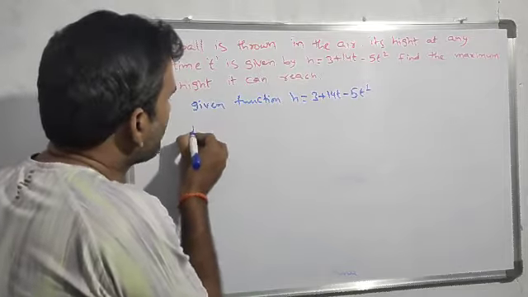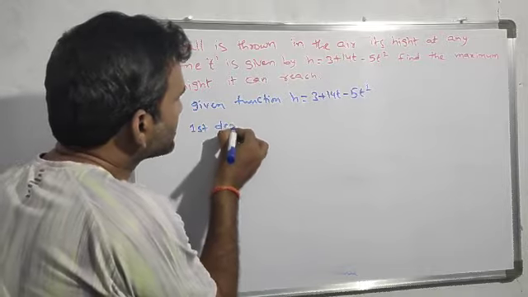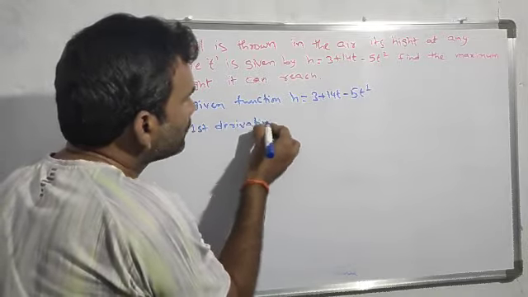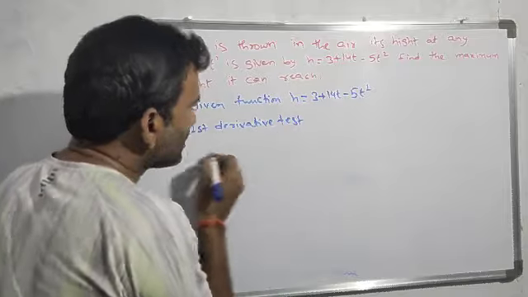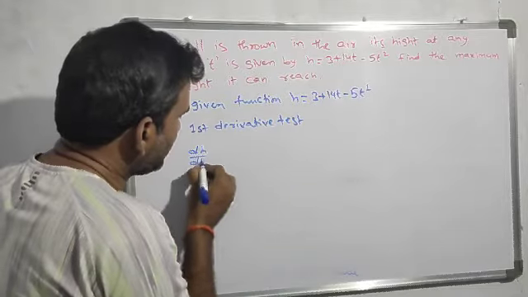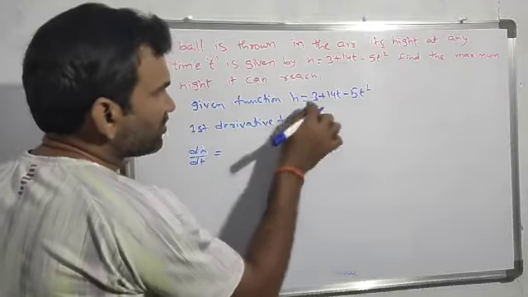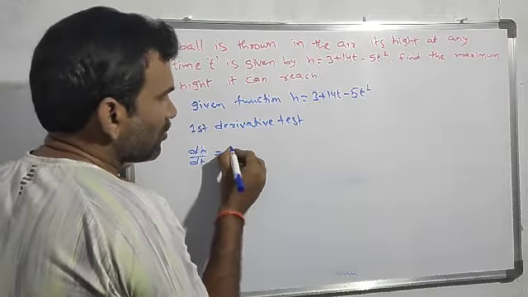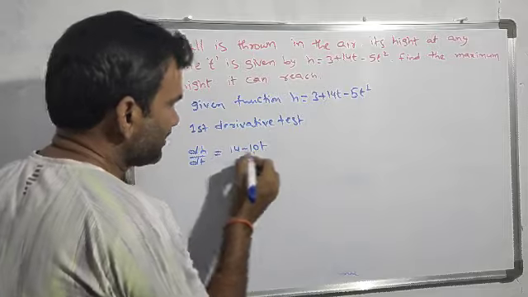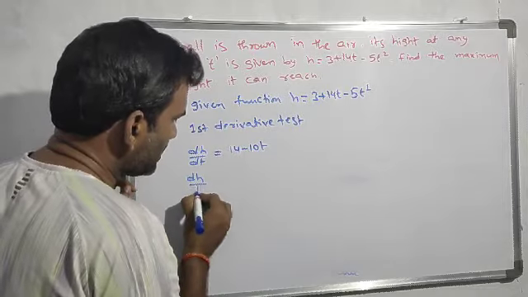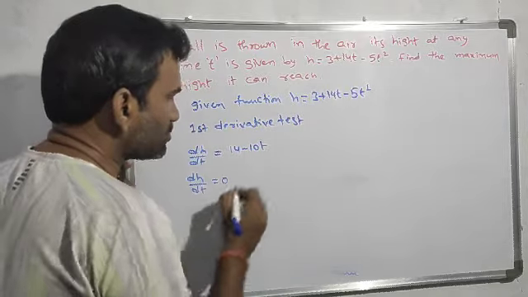Next, first derivative test. So dh by dt. The differentiation of 3 is 0, so we get 14 minus 10t. Next, dh by dt should be equal to 0.